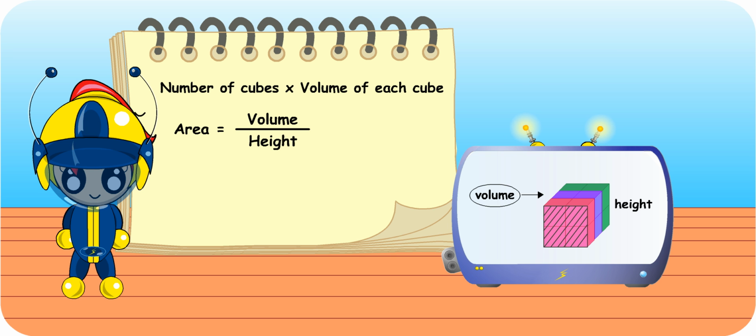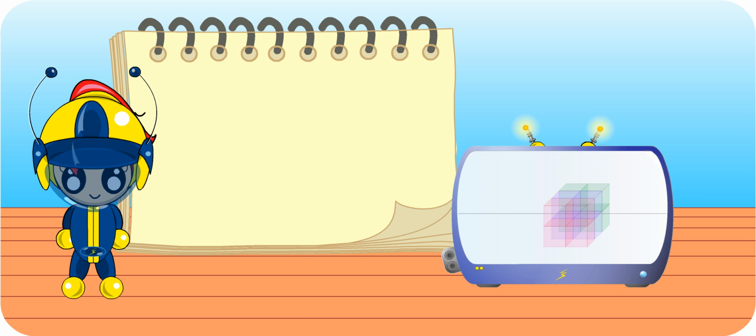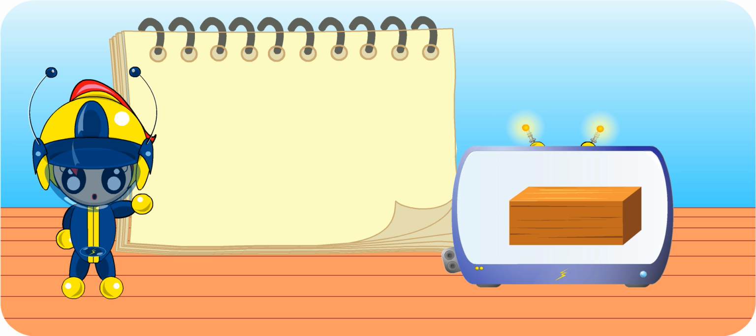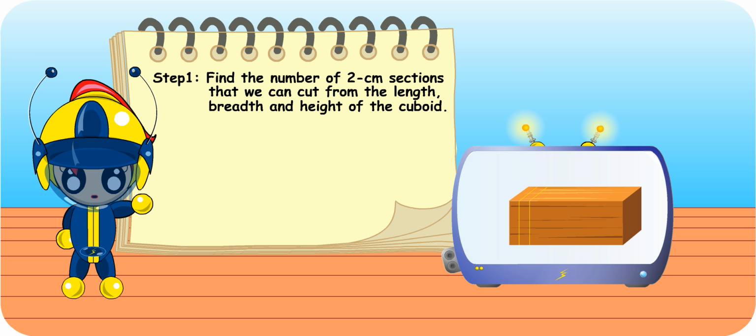Good. How do we find the maximum number of cubes that can be cut out from a cuboid? If we want to cut out cubes of 2 centimeters, first we have to know the measurements of the sides of the cuboid. Then we take the following steps. Step 1. Find the number of 2 centimeter sections that we can cut out from the length, breadth, and height of the cuboid.